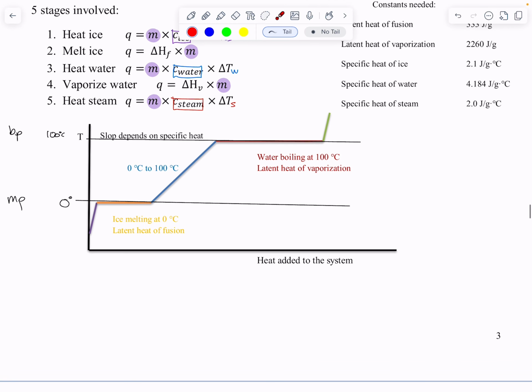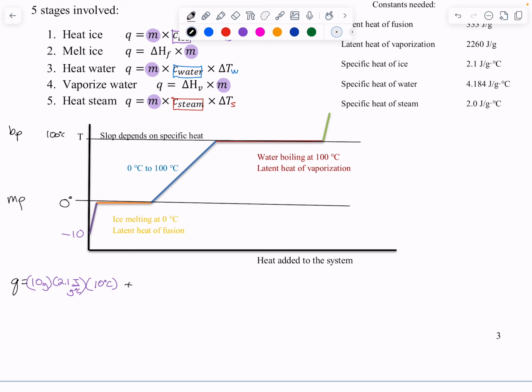And so if we look at the overall heat, Q, the mass of the ice is 10 grams. The specific heat of ice, I got 2.1 joules per gram degrees Celsius. And we're going from negative 10 up to 0, so 10 degrees Celsius.